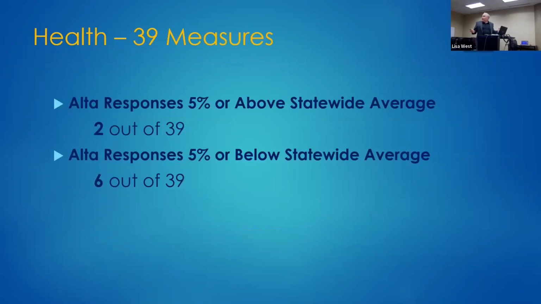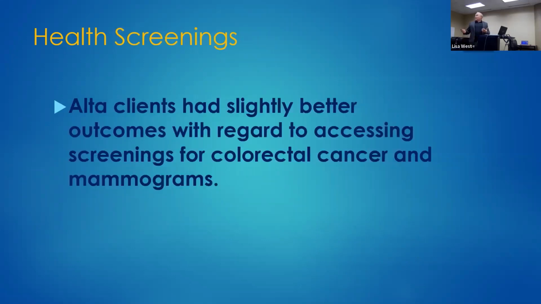Health measures. In this category, Alta had 2 out of 39 measures that were identified as being above the statewide average at a rate of 5%. 6 out of those 39 measures were below, so some opportunity for improvement with regard to health. The data indicated that Alta clients had some positive outcomes with regard to screenings for colorectal and mammograms.